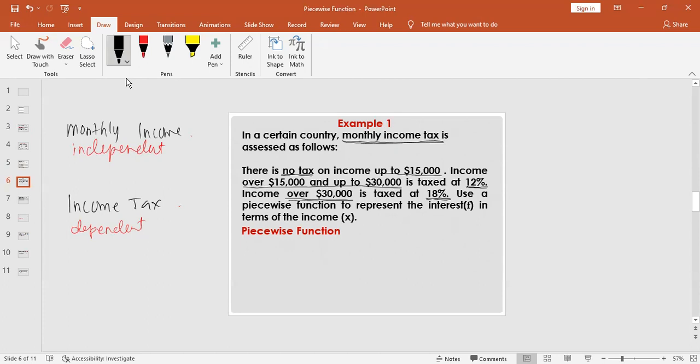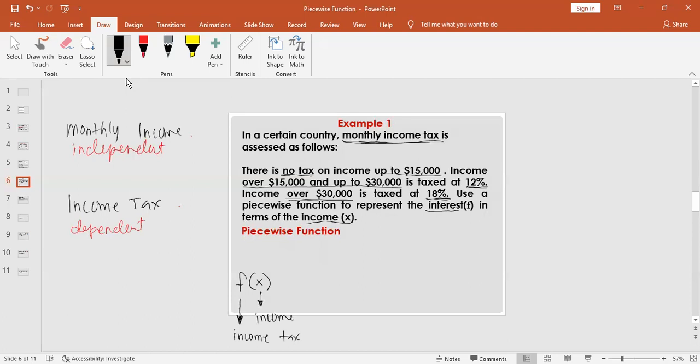So in writing the piecewise function, we will write here f of x. Okay. When we say f, it stands for the interest, or in other words, that's the income tax, while the variable x stands for income.